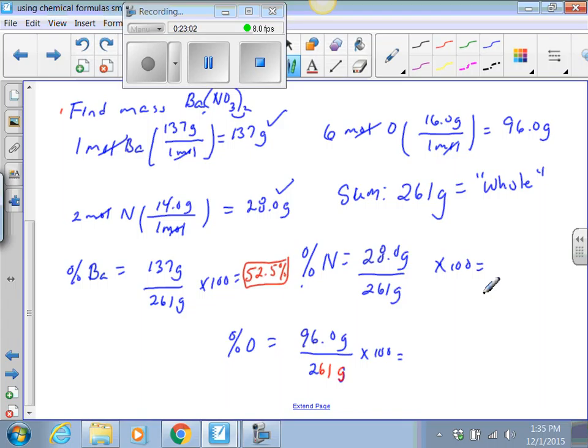That's going to be 10.7%. And then we've got oxygen, 96 grams divided by 261 is going to be 36.8%. And if you add those 3 together, you do get 100%.